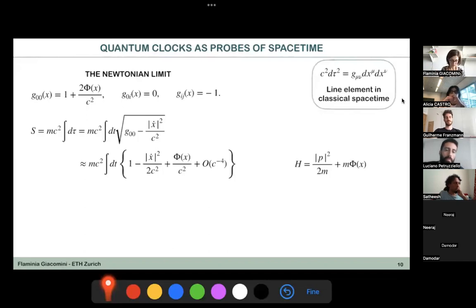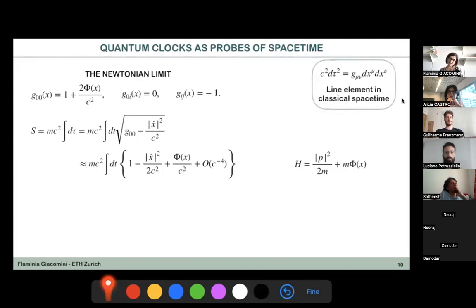And actually, if you take a Legendre transformation from the action and you calculate the Hamiltonian, then except for an initial constant that is mc squared, you find exactly the Hamiltonian of a particle. Here, I still haven't quantized anything. So this is a classical particle in the Newtonian potential.